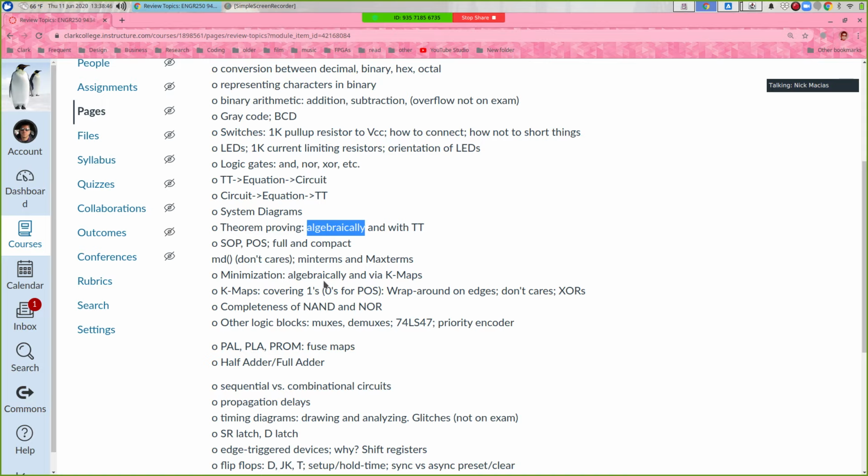Then cover those entries, where the dashes can be optionally covered, with as large rectangles and as few rectangles as possible, write the product or sum terms corresponding to each of them, and then take their sum or product. Don't forget to wrap around the edges, include your don't cares if they help, don't include them if they don't help.